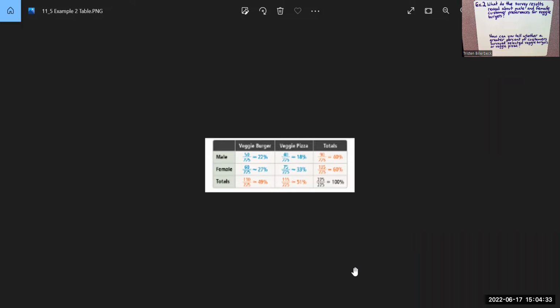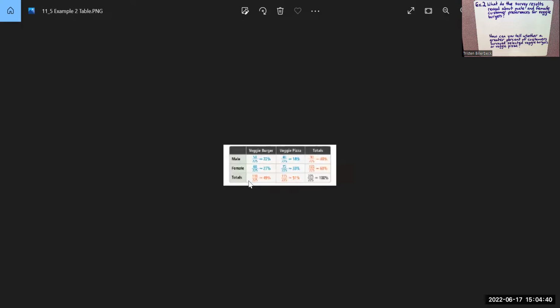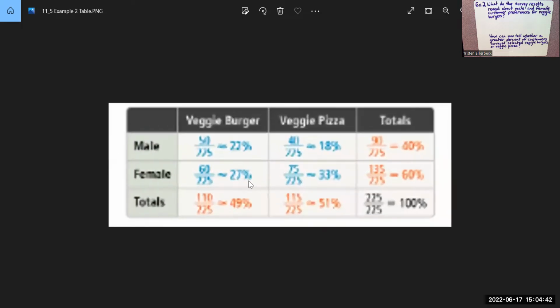So in this, we are looking at our percentages. We see here 22% of the males like the veggie burger, if we look at 50 males over the total population of people surveyed. There were 225 people surveyed.